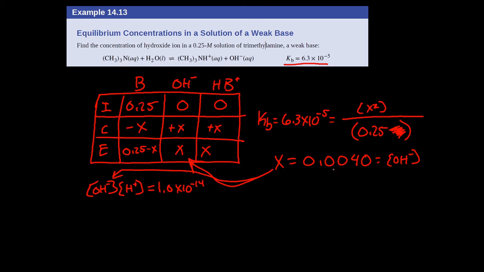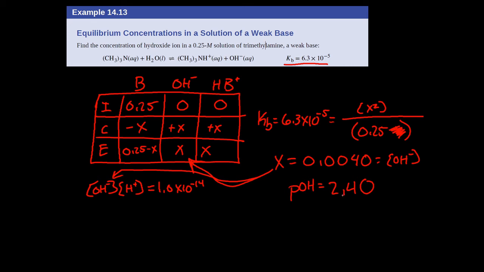equation. Or you could find pOH, which is what I'm going to do. So if I just go ahead and take the negative log of that number, 0.003968627, I get 2.40 technically.